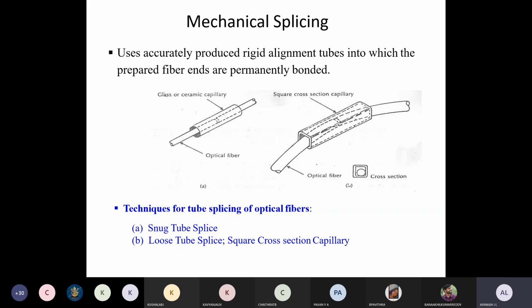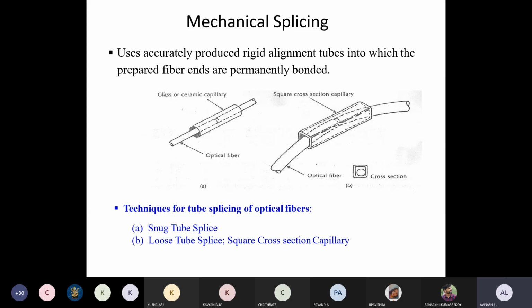Here techniques for tube splicing of optical fibers are discussed. The first one is the snug tube splice. The second one is the loose tube splice, with a square cross-section capillary. Capillary means an outer surface. The snug tube splice is also circular in shape, and the fibers are joined together. It acts as a bonding element, a glass or ceramic capillary.